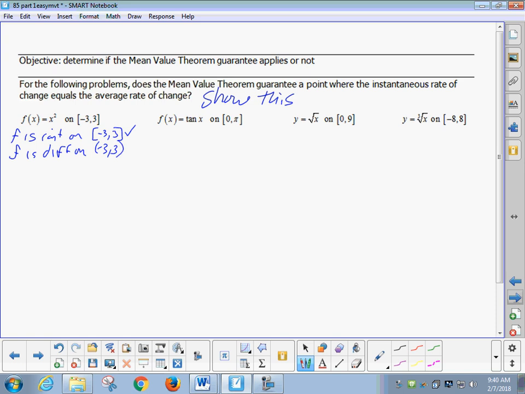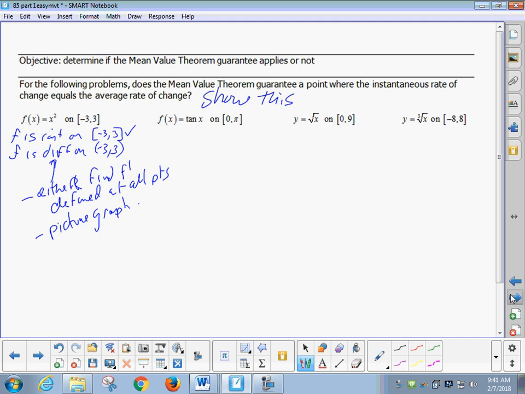To answer this question mentally, you can either find the derivative and then say, is it defined at all points in the interval? Or just picture the graph, if you know the graph.